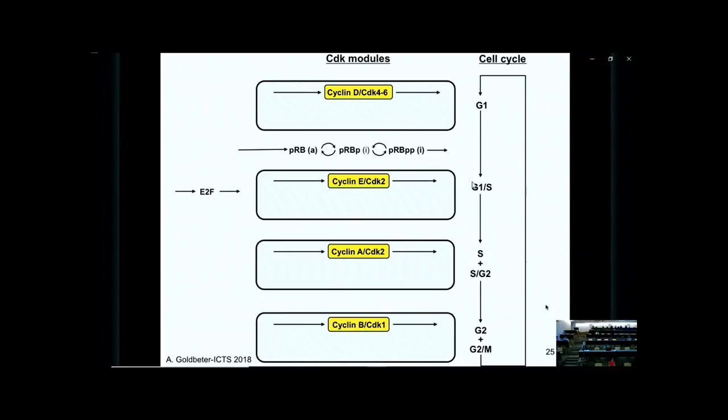You will see that the pRB protein can be inactivated by successive phosphorylations. Here we took only two phosphorylations. One gives intermediate activity, and pRB fully phosphorylated has no activity. The fully active pRB is non-phosphorylated. Okay. So E2F and pRB are antagonistic factors.